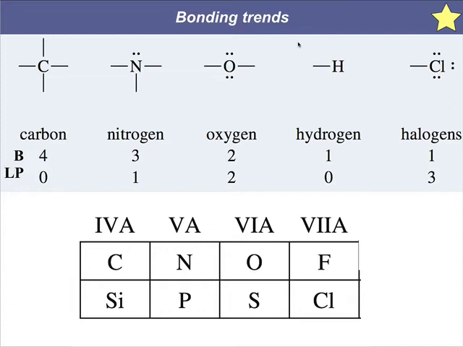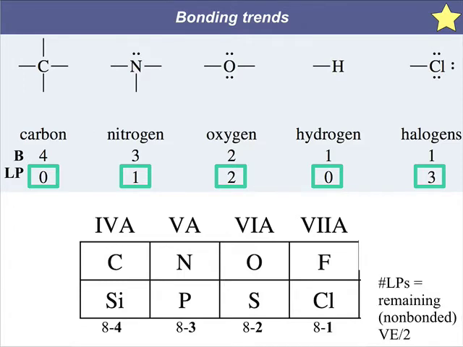So if you look at this pattern, this trend, bonds versus lone pairs: bonds for carbon 4, bonds for nitrogen 3, bonds for oxygen 2, bonds for hydrogen and the halogens like chlorine 1, okay? Lone pairs 0, 1, 2. Hydrogen has 0 because it can only have 2 electrons total, but a halogen would then have 3, right? So we've got a trend here, 4, 3, 2, 1 and 0, 1, 2, 3.